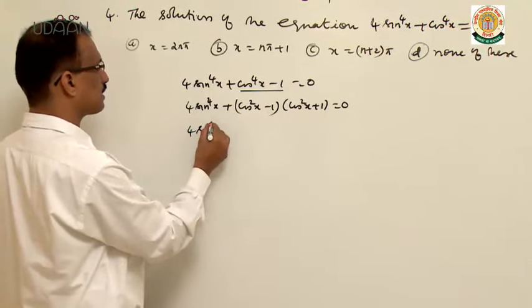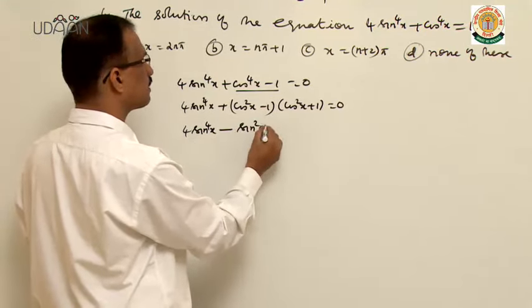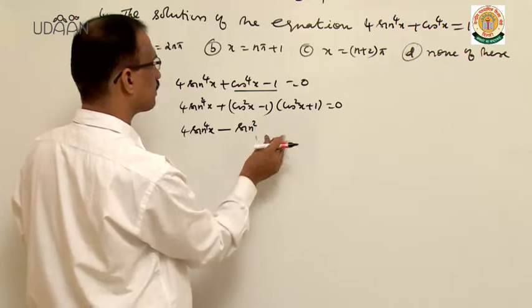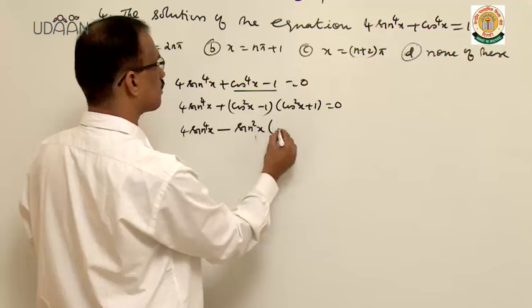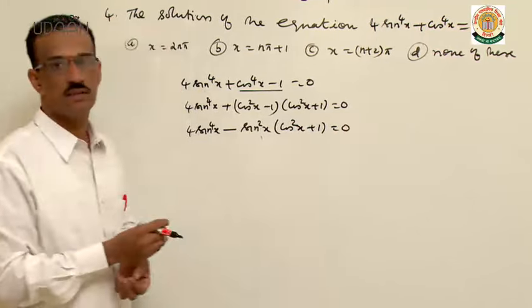You know that cos square x minus 1 is minus sin square x. So we write this as minus sin square x into cos square x plus 1 equals 0.